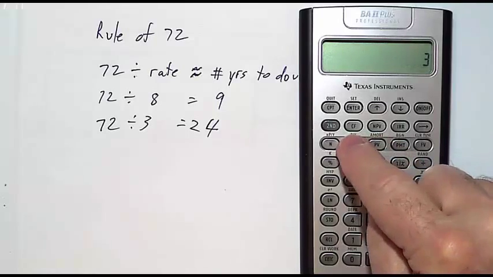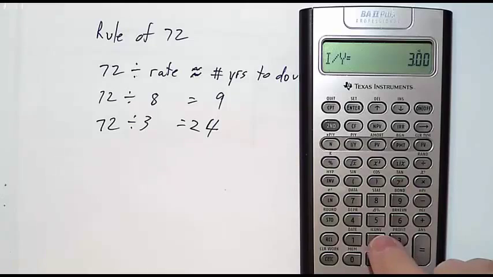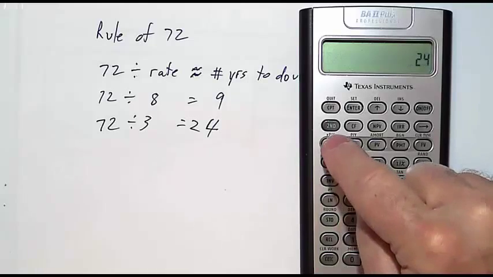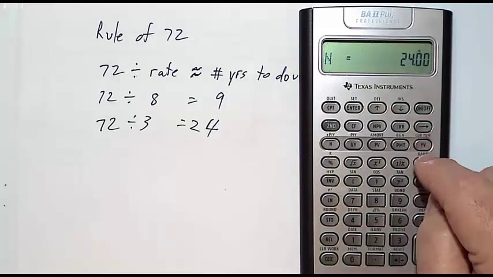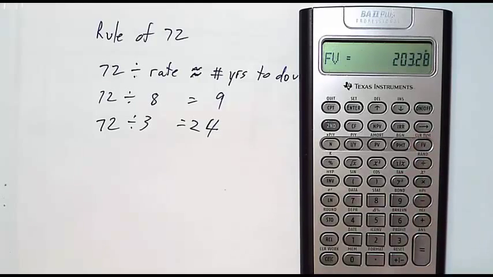And if 3 is my rate, and if 24 is my n, compute the future value, and it's 203.28. So that's a little bit farther off than the one before, but even so, as just a rough rule of thumb, just to know that the Rule of 72 is probably fairly helpful when you're out in the field.